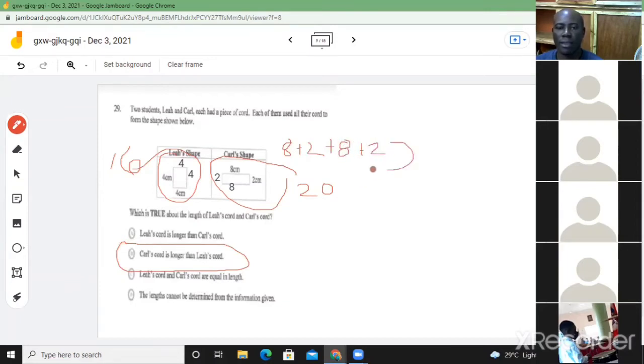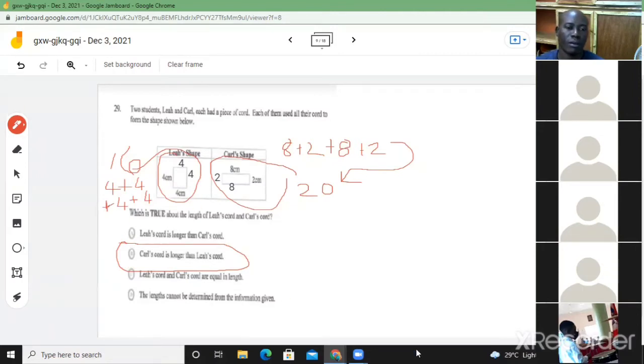And that's how we got the 20. And this one is just 4 plus 4 plus 4 plus 4. That's how we got the 16.